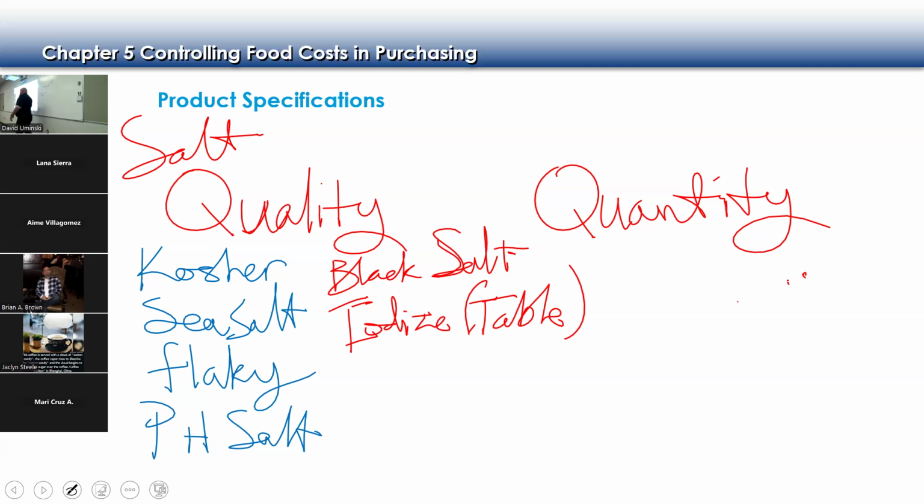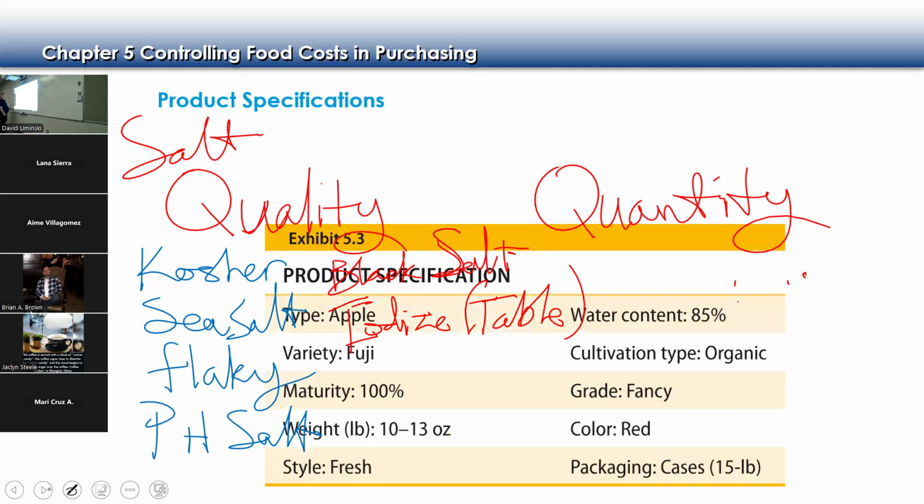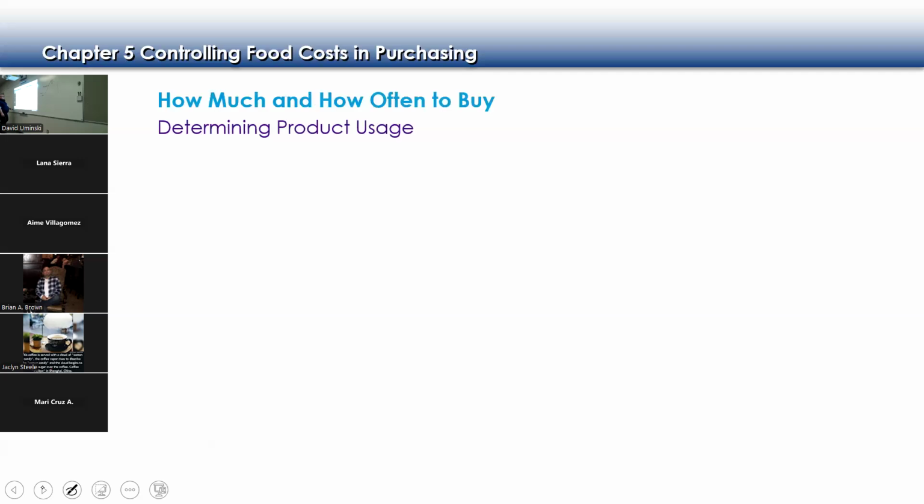And so ordering too much, but also think about how much space a 50-pound bag takes up versus a little 1-pound container that can sit on our shelf. So if we're not using it all that much, we want to make sure we're ordering in the right amount. And that's where our par comes into play.